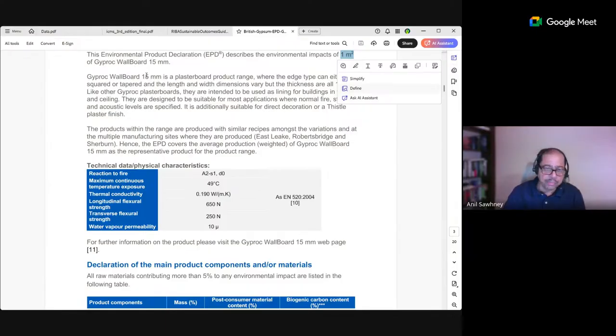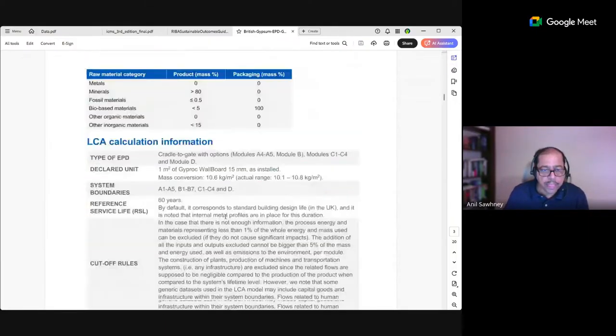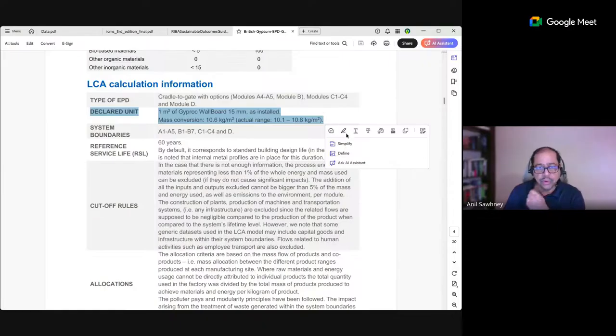So this particular EPD is for that kind of information. If you now scroll through, you will clearly see the declared unit. This is a must for all our EPDs.